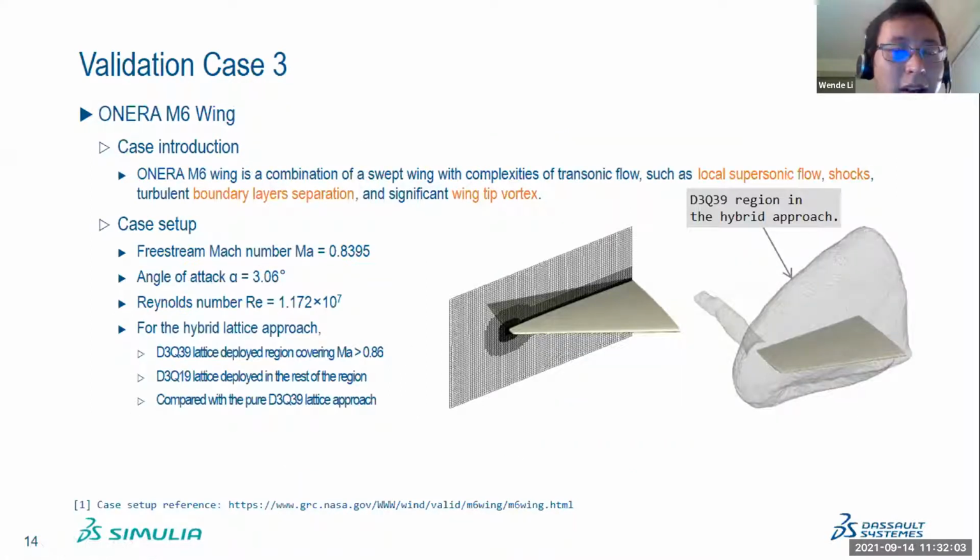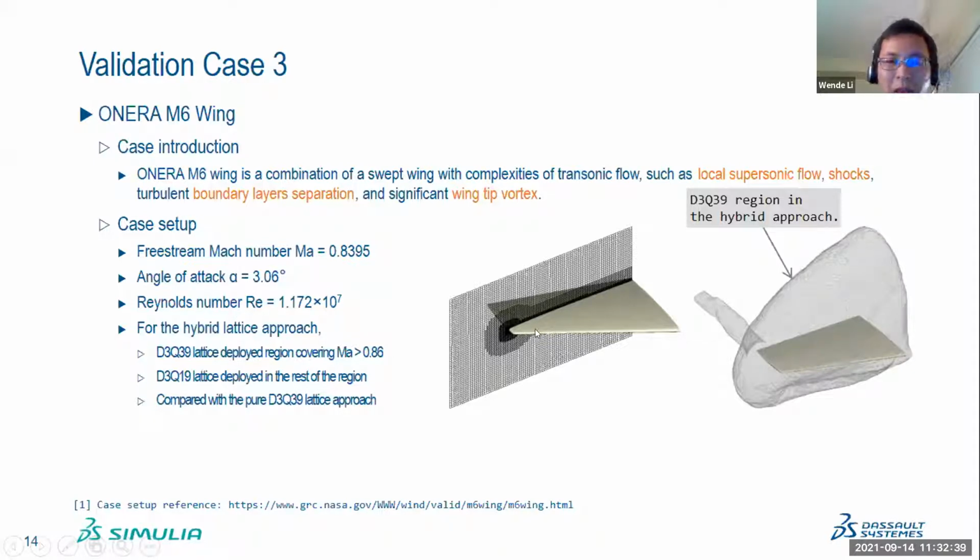And the third validation case is the M6 wing case. This is a classical transonic flow case to test the CFD solver. There are some complexities in transonic flow, such as local supersonic flow, shocks, turbulent boundary layer separation, and the wingtip vortex. In this case setup, the free stream Mach number is 0.84, there's an angle of attack of about 3 degrees, and there's a Reynolds number.